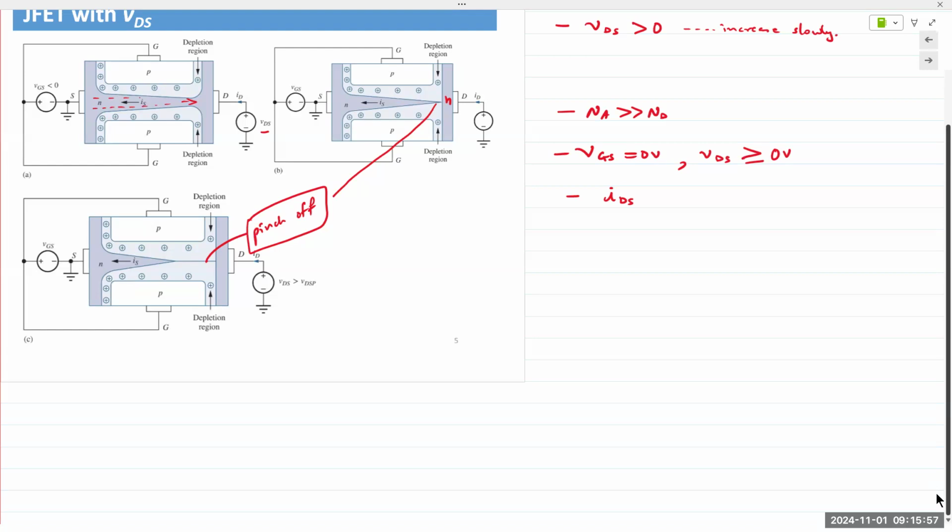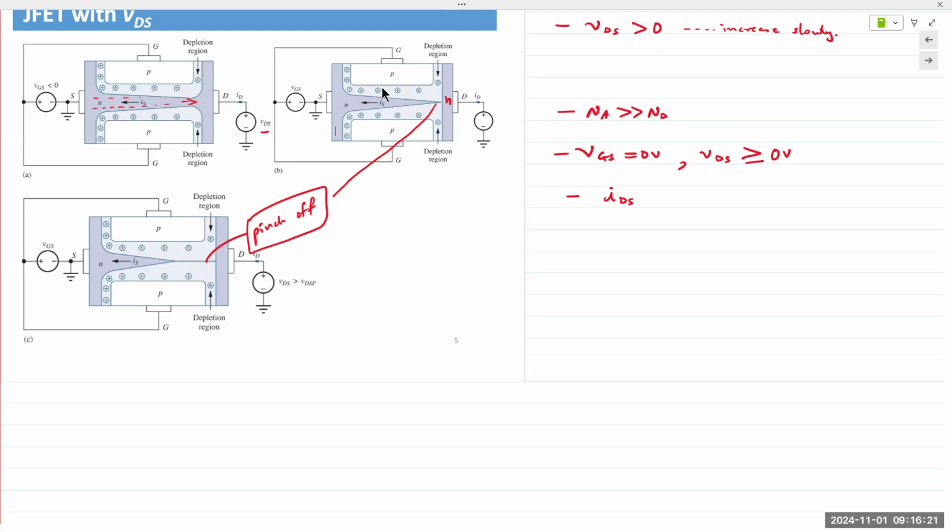The reason the depletion region is larger at the drain end is because the drain-to-source voltage is higher at the drain, right? Voltage is higher at the drain, and hence the depletion region is larger at the drain end. And so we have kind of a slope in the channel right here. But the eventual result is the same.